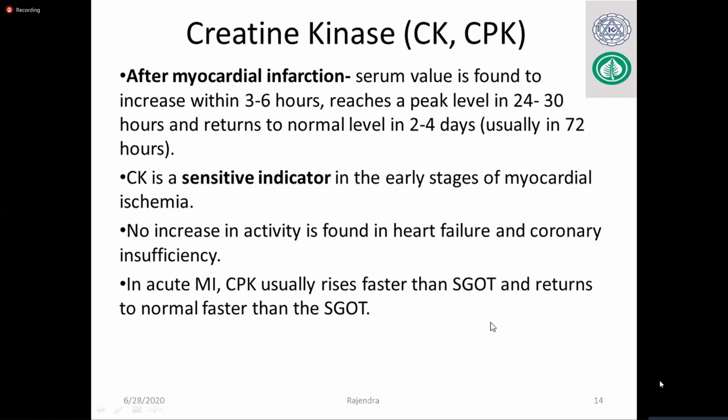That means SGOT also increases in myocardial infarction, and CPK also increases in myocardial infarction. At that time you have to focus more on CPK rather than SGOT, because CPK increases faster than SGOT and returns to normal faster than SGOT as well. That's why this is more sensitive than SGOT.